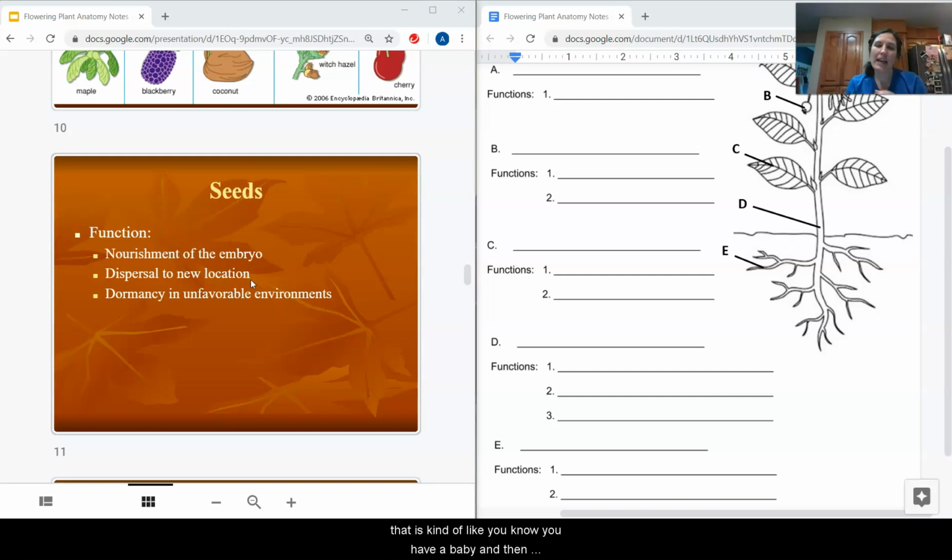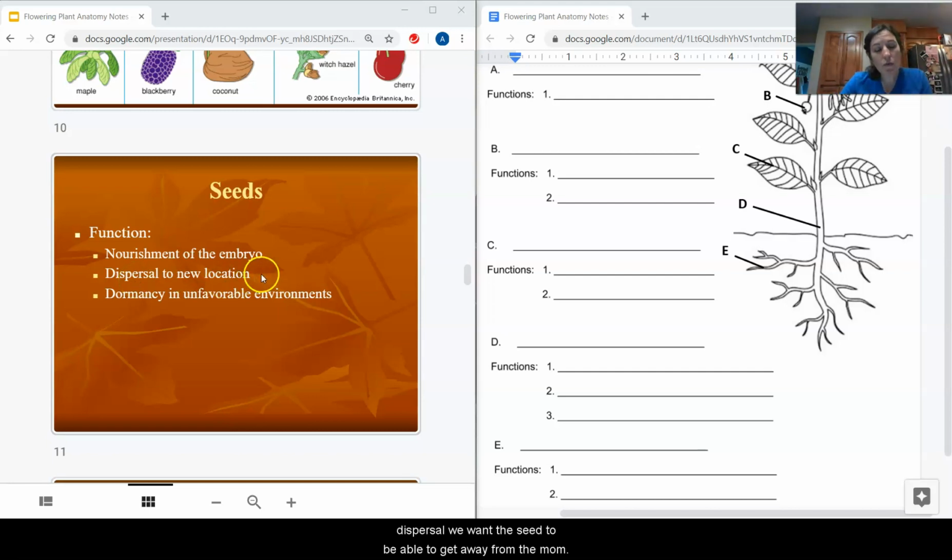So that is kind of like, you have a baby and then you've got all this part around the baby where the baby's growing, and that's going to help the baby nourish. So the same thing in a seed. The seed, little bitty part is the baby, and the rest of the seed, a majority of the seed, is just food and resources for the baby until it can sprout and make its own food through photosynthesis.